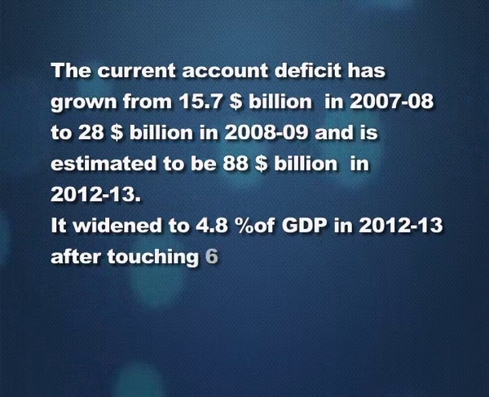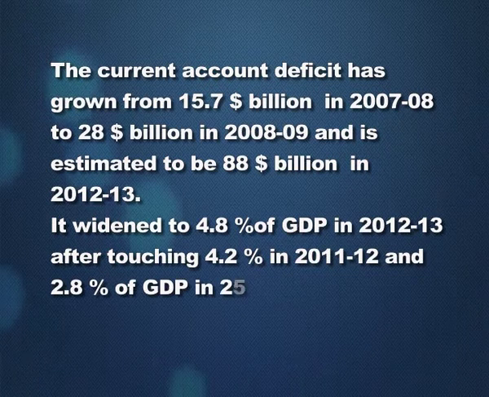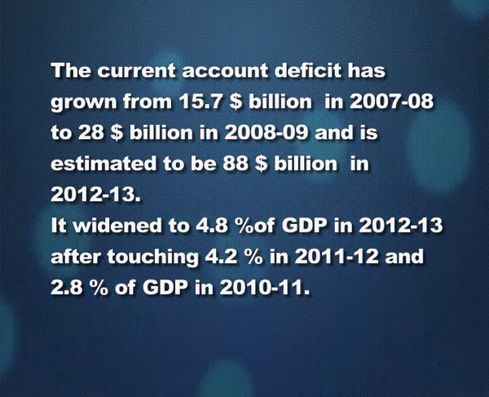It widened to 4.8% of GDP in 2012-13 after touching 4.2% in 2011-12 and 2.8% of GDP in 2010-11. Stress largely emanated from decline in India's merchandise exports and deceleration in growth of services exports. But trade deficit continued to dictate the overall trend of the current account.